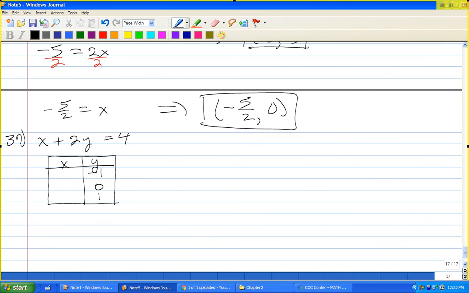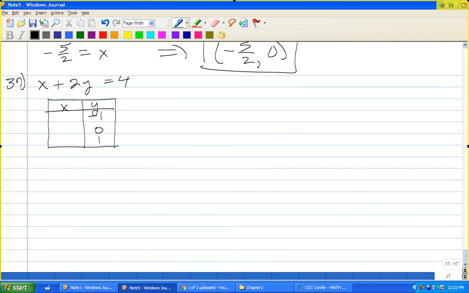Actually what I'll do here is let's solve for x. So let me subtract 2y from both sides of my equation. So I get x equals 4 minus 2y.